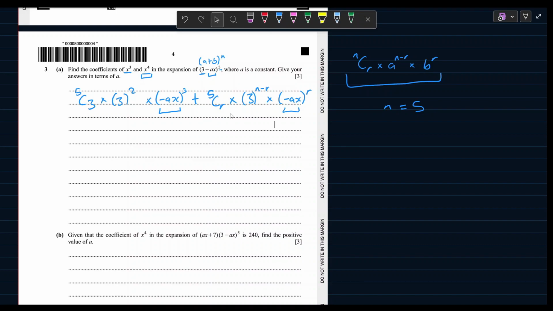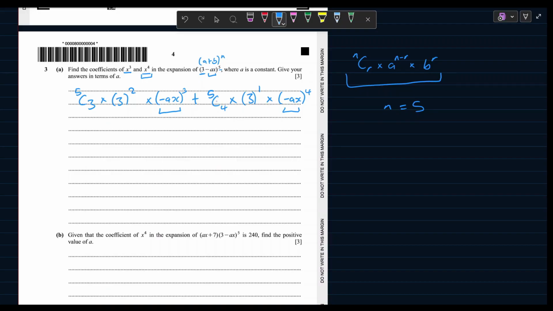So as a result, our r has to be a 4. And so if we've got a 4 here, it means n minus r is going to be 5 minus 4, and so that power there is going to be the power 1. So that's 3 to the power 1, and it means 5 choose r is 5 choose 4. So this would be our expression for the term in x to the 4.